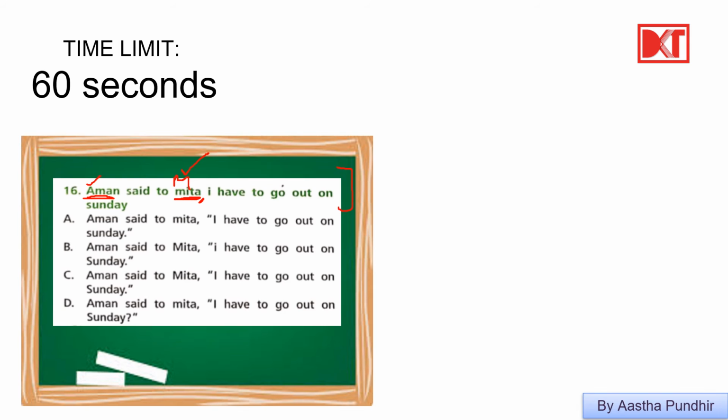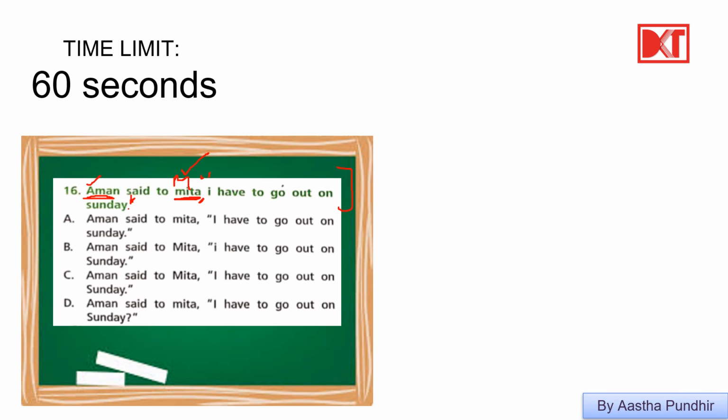And whatever exact words that person has said, we use them in quotation marks, right? So here quotation marks and here quotation marks, and this is the end of a sentence as well, so full stop. So you saw so many punctuation marks here. Let's see which one is correct.